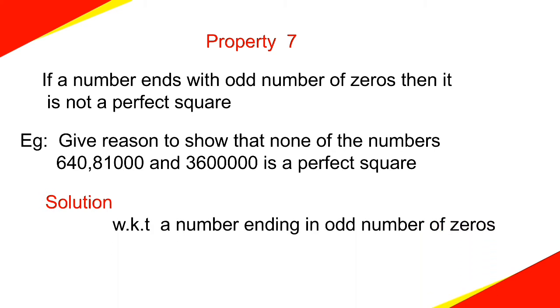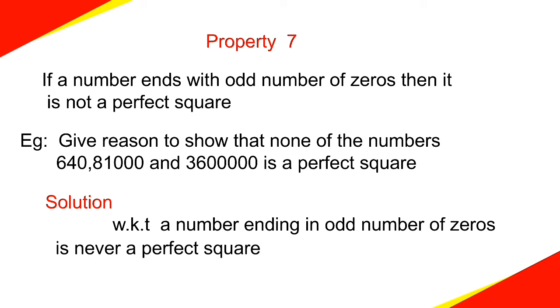We already know that a number ending in an odd number of zeros is never a perfect square. As you can see, 640 has 1 zero. Next, 81,000 has 3 zeros. 36 lakhs has 5 zeros.